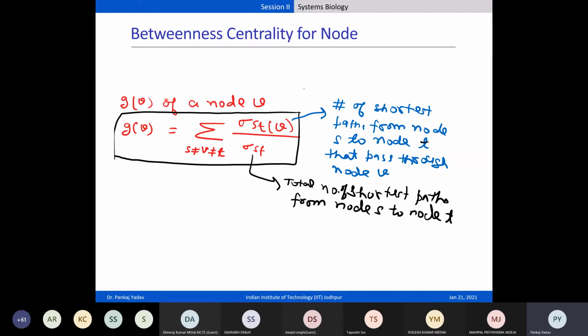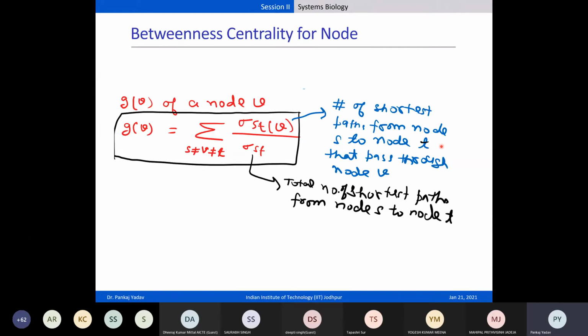Betweenness centrality for a node V is given by the summation of fractions, sigma st of v, which is the number of shortest paths from node S to node T that pass through this node V. Shortest path means the path from node S to T crossing the fewest edges.